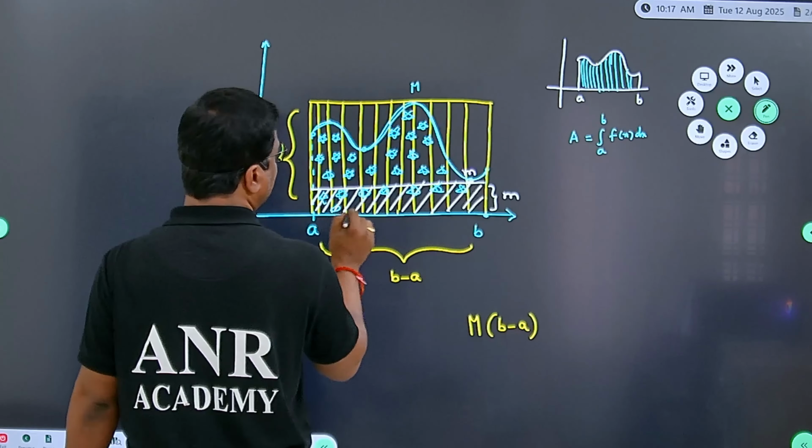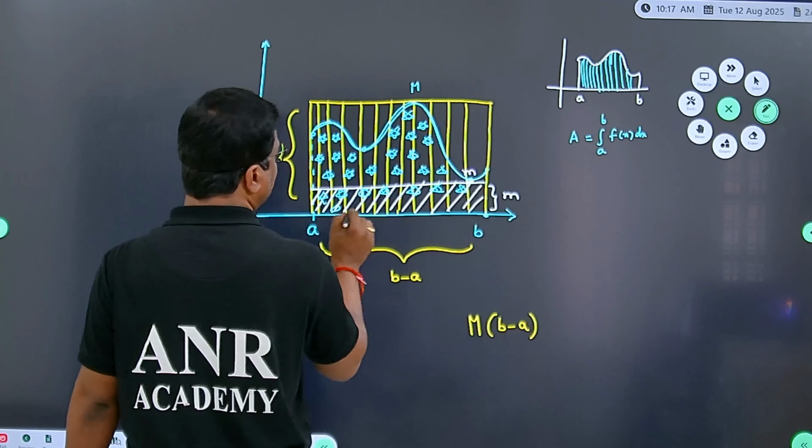Observe here, the yellow colored area compared to the star area is greater, and the white colored shaded portion is the least compared to the remaining two. And equality holds when they are of the same height.